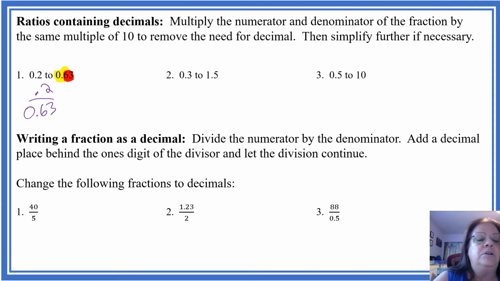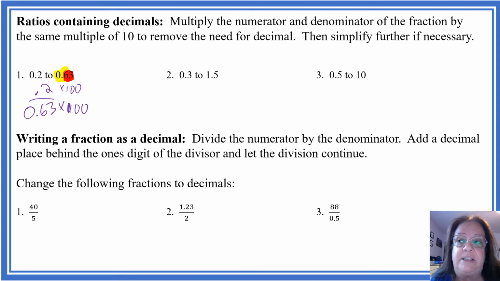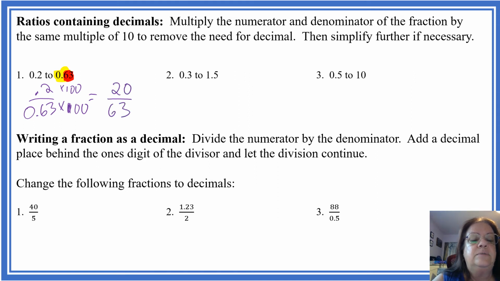So I'm going to multiply both of these times 100, and that's going to get rid of the decimals. I'm multiplying the fraction by 1, it's 100 over 100, so I'm not changing its value, I'm just changing what it looks like. That gives me 20 and 63. So my ratio is 20 to 63.